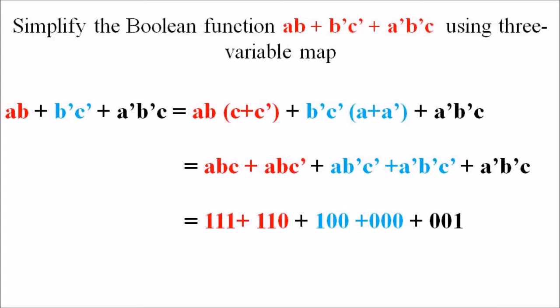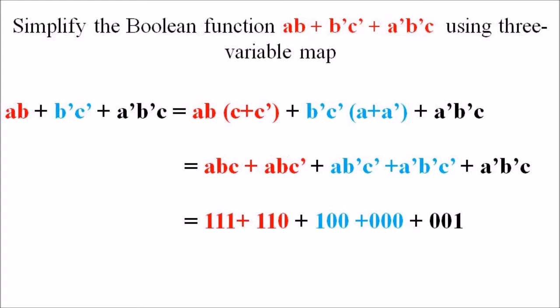While considering the K-map or the SOP representation, ABC can be represented as 1, 1, 1. A B C bar can be represented as 1, 1, 0. A B bar C bar can be represented as 1, 0, 0. A bar B bar C bar can be represented as 0, 0, 0, and A bar B bar C can be represented as 0, 0, 1.